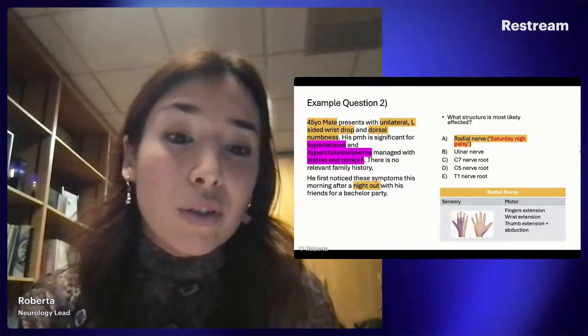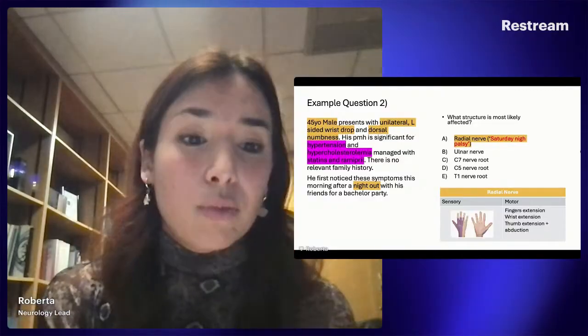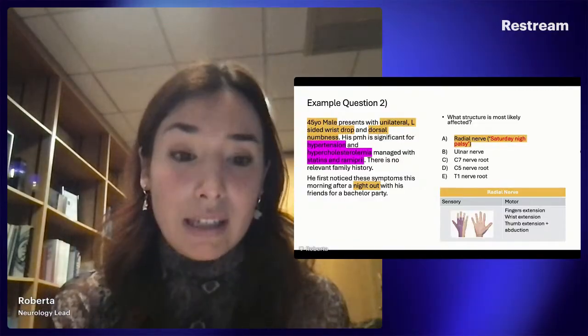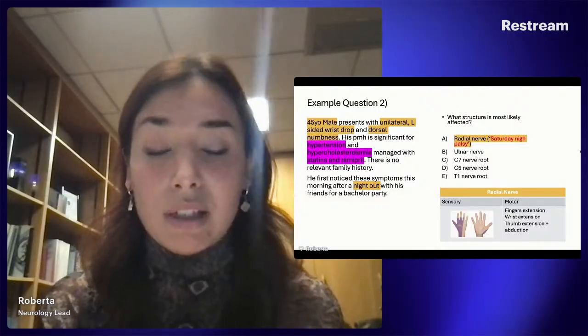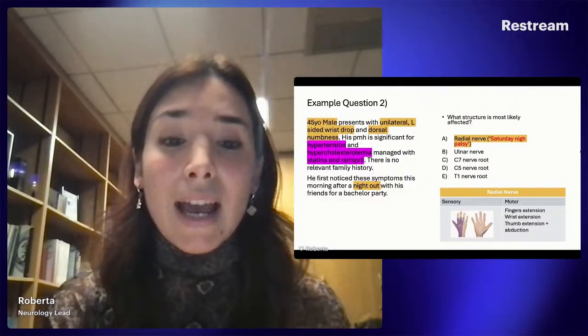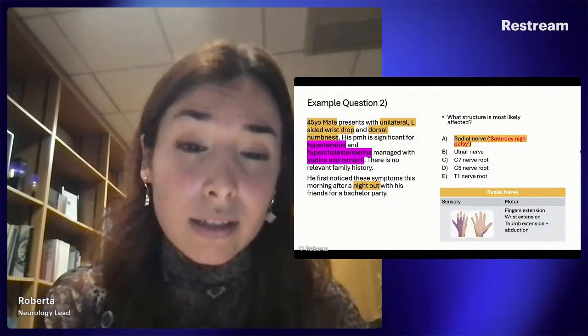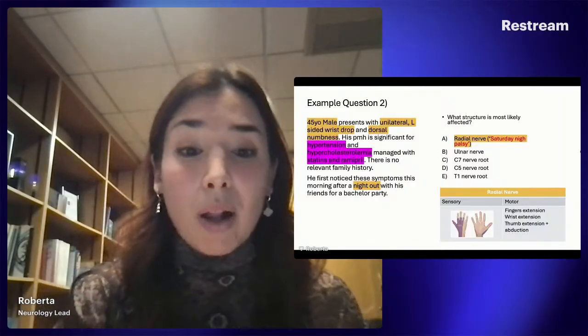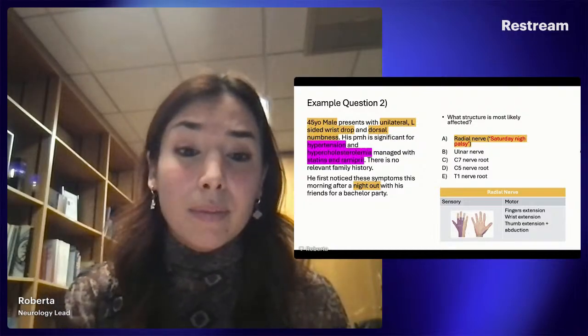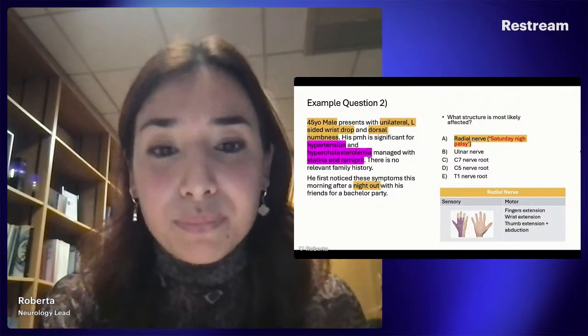So we know that this is the radial nerve, which controls finger extension, wrist extension, and thumb extension, as well as thumb abduction, and supplies the sensory fibers to mainly the back of the hand, whereas the palmar surface is mainly the median and ulnar nerve.